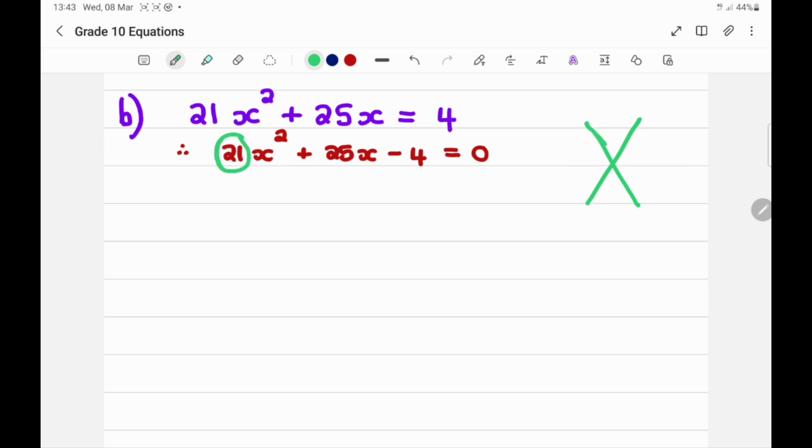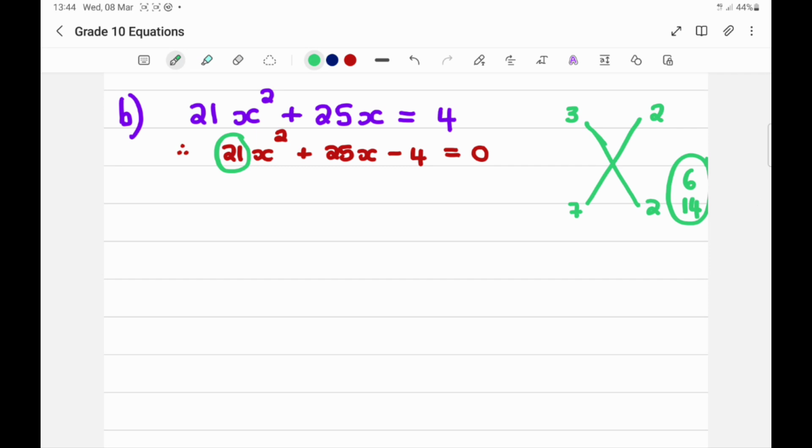So what times what gives you 21? How about 3 times 7? And over here, what times what gives you 4? How about 2 times 2? So 3 times 2 is 6, 7 times 2 is 14. Is there somehow that I can get 25? No. Even if we swap it around, it won't work.